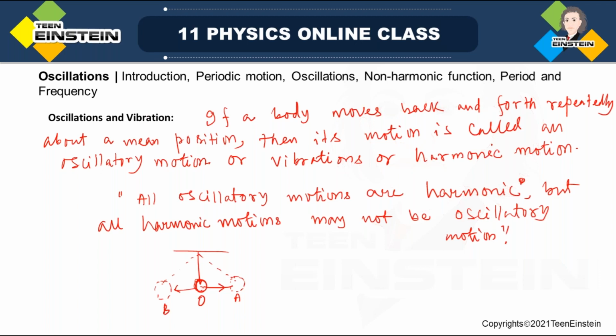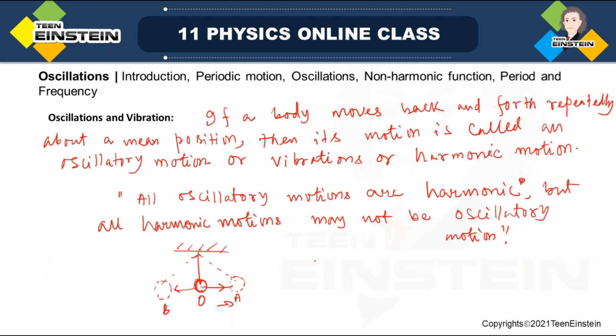If I say this is B, so this particular object, let us say this is a bob or maybe the pendulum of a clock, when it repeats the motion back and forth, it is going towards A and coming back towards B, back and forth about this O. So A to B, B to A, like that it is going back and forth about O. O is the mean position where there is no force, or it is the equilibrium position of this pendulum. So this motion is called oscillatory motion.